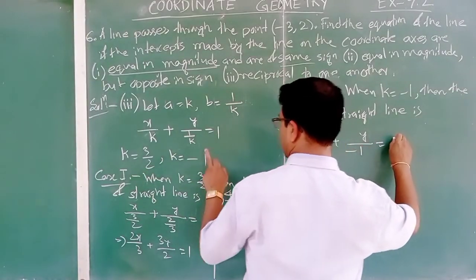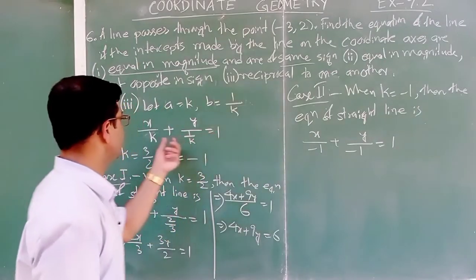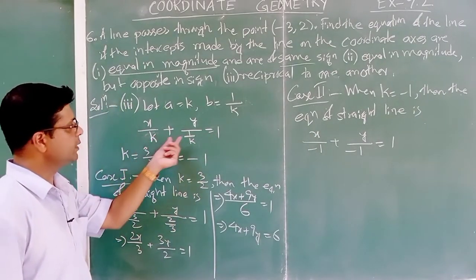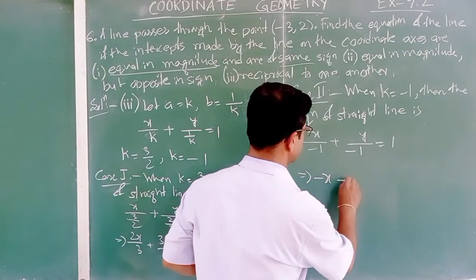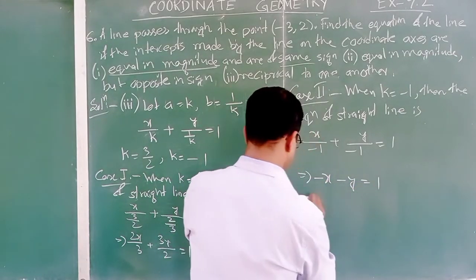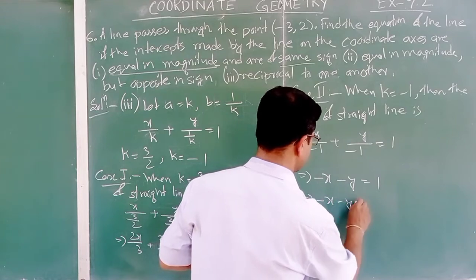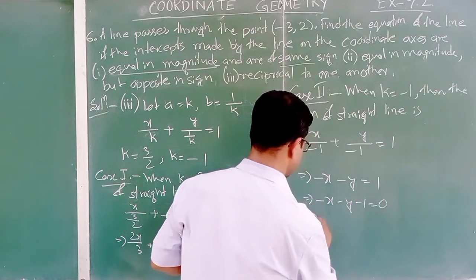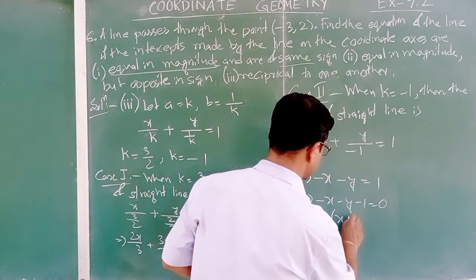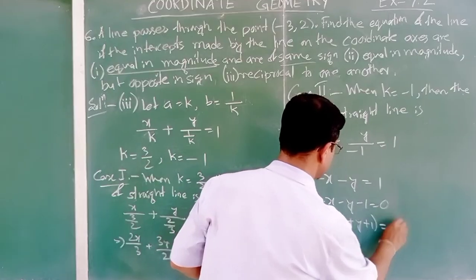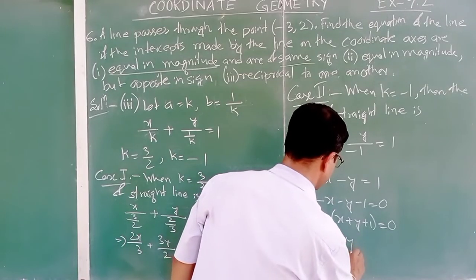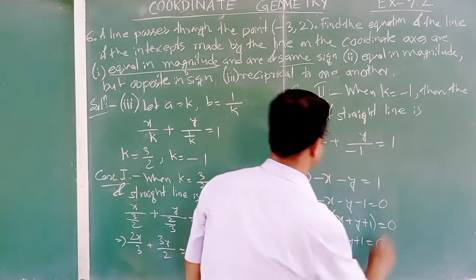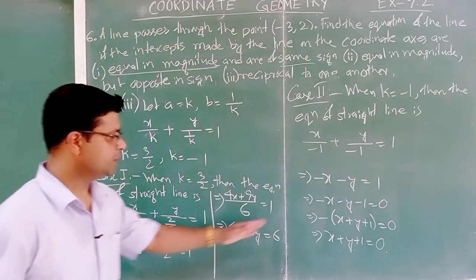Here we have put the value of k equal to -1, and 1 by k is also -1. So this is minus x minus y is equal to 1. Minus x minus y minus 1 equal to 0. Let us take -1 common, and multiply both sides by -1. So x plus y plus 1 is equal to 0. So these are the two equations of straight lines.